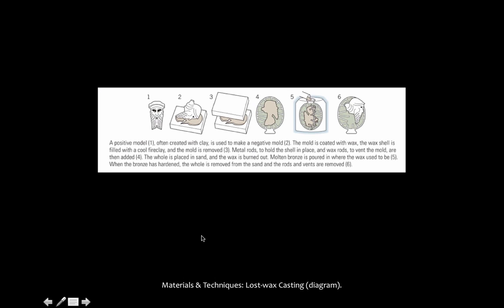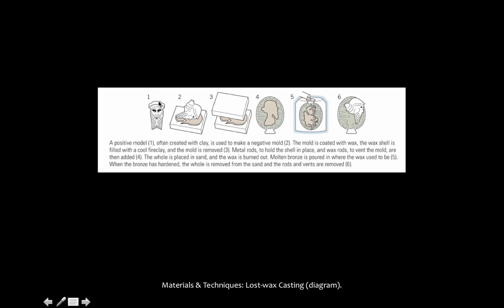This is a model of how the lost wax casting works. So a positive model, so something that was going to look like the finished product, is made with clay, and it's used to make this negative mold.